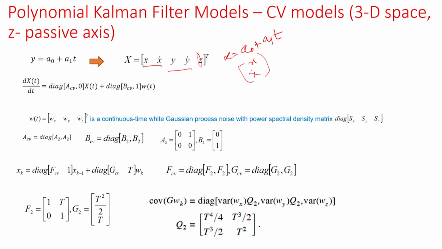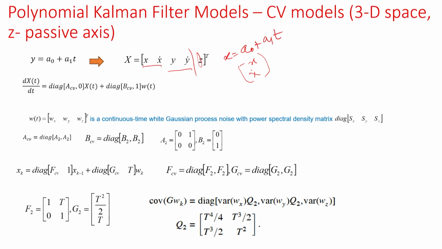If you are modeling an aircraft or any missile, then you have z, z dot and higher derivatives as well. With this, this is called the constant velocity model. This is very important. Even if you are doing ground object tracking, autonomous driver assistance systems or a mobile robot, you have to take up to this. You do not need z also, so x dot, y dot. This is called your constant velocity model.